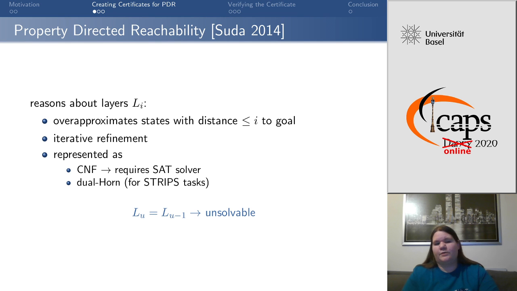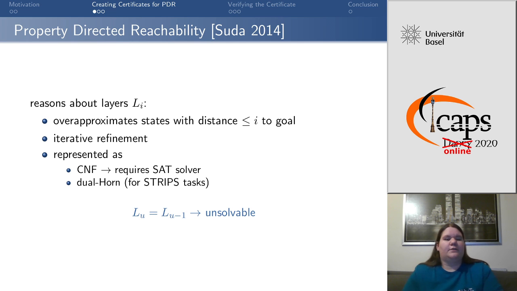They are usually represented as CNF formulas, which is why we require a SAT solver. However, for stripped tasks, these CNF formulas actually turn out to be dual Horn formulas. The argument that PDR uses to detect unsolvability is that as soon as two subsequent layers are equal, it has concluded that the task must be unsolvable.